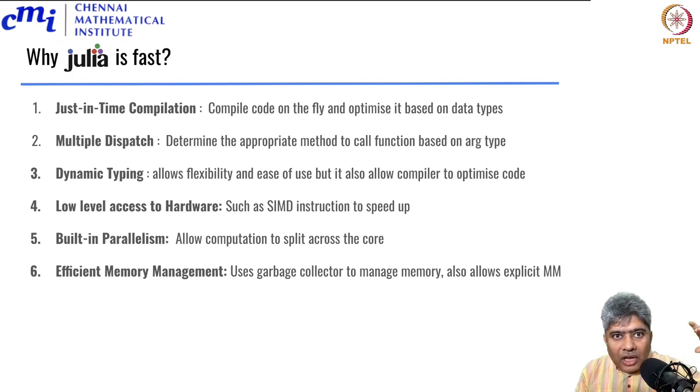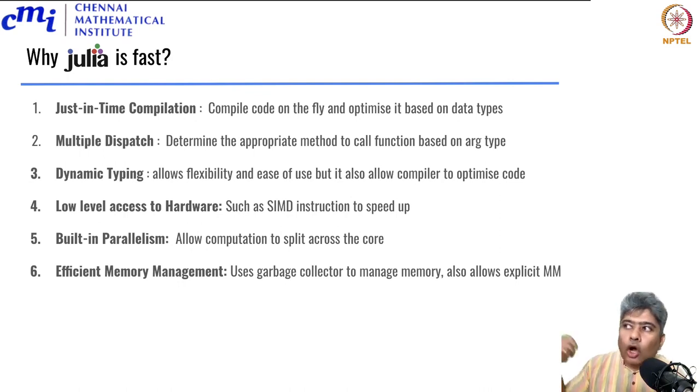Now you write a function, say function ABC, where the argument a is a string, and it will do a certain operation. And then you write another function, exact same name ABC, but a is now a float. Both functions will be defined and perfectly fine, and Julia will just identify them based on their argument type, call that function, and bang.